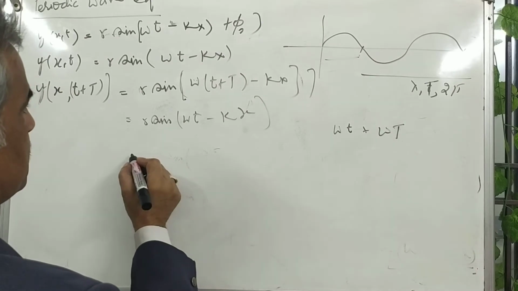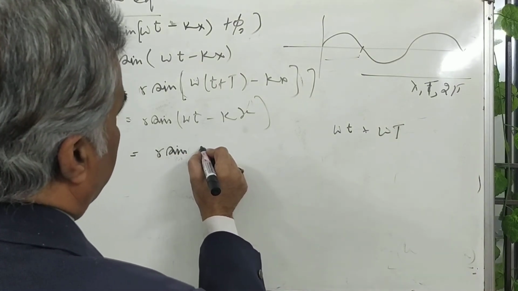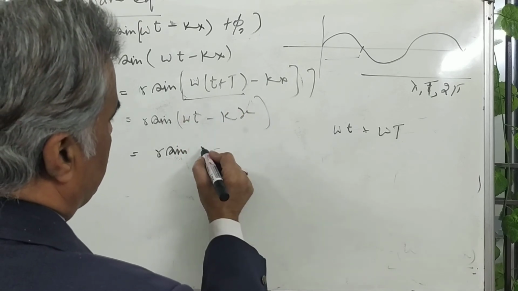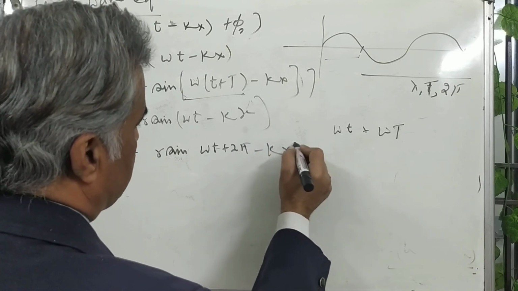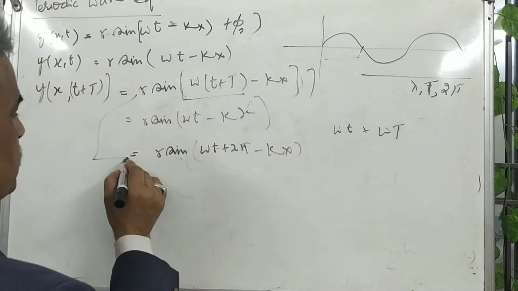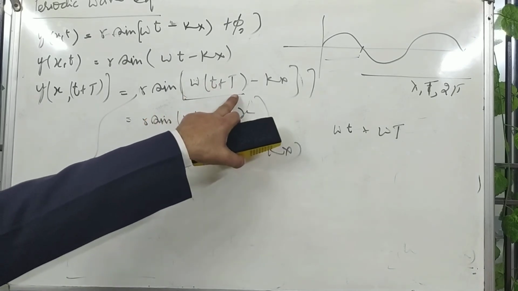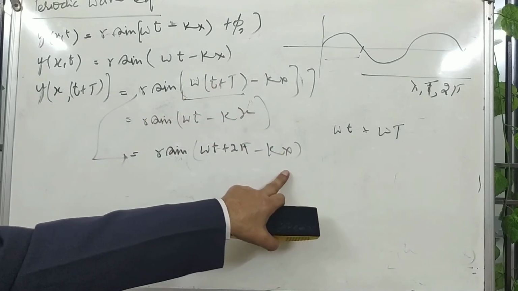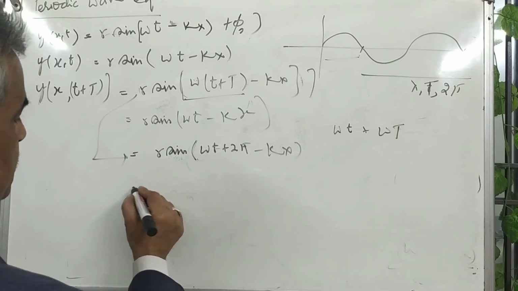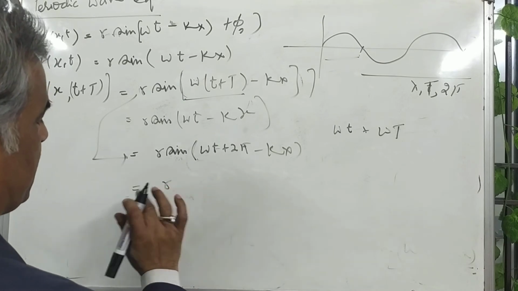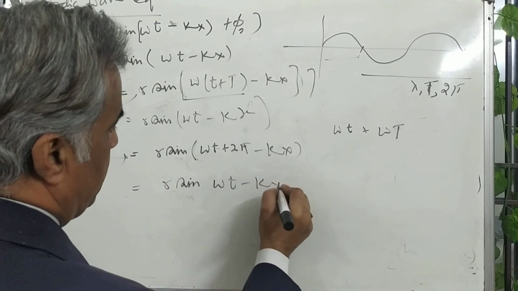So this becomes r sin (omega t plus 2 pi minus kx), and sin 2 pi plus theta equals sin theta, so the same r sin (omega t minus kx).